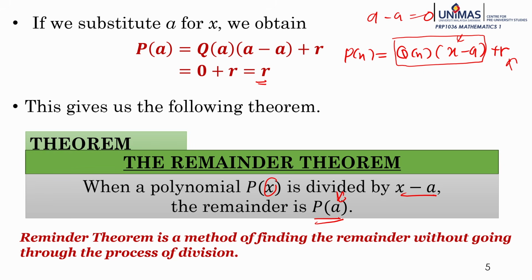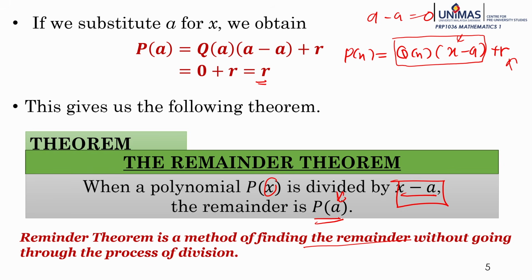The remainder theorem is a method of finding the remainder without going through the process of division. So we can get the remainder without using the long division method, but it is limited only to d(x) being x minus a, which is linear.